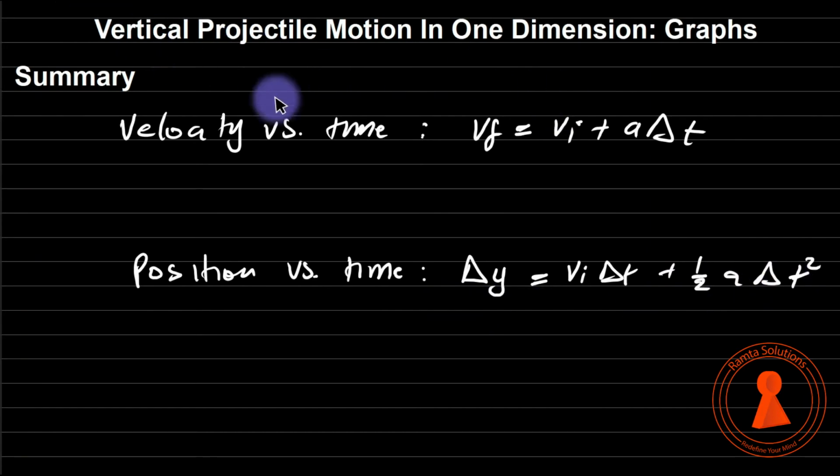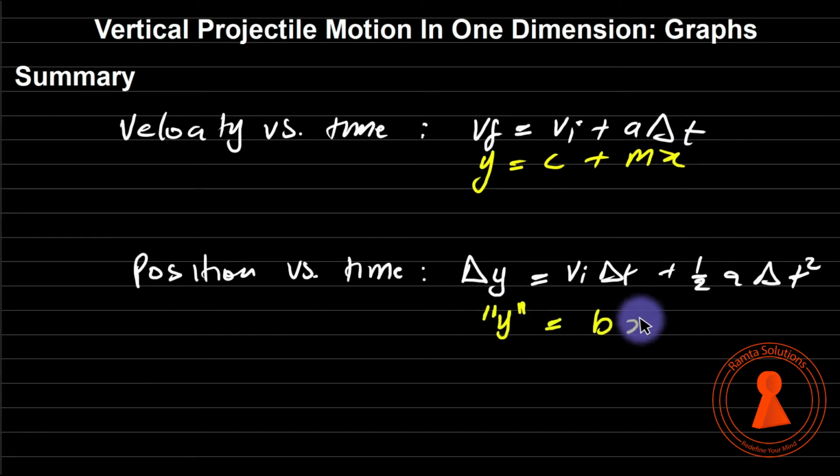We also said this one looks like y equals c plus mx, while this one was y equals bx plus ax squared. I put quotes on y and a to say these are not the same things. Okay, so we said they are like that.